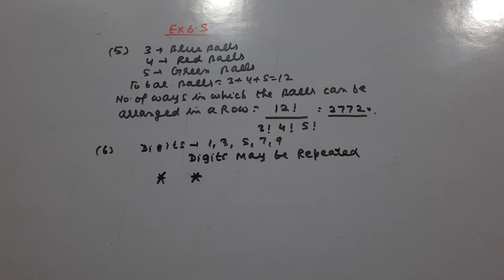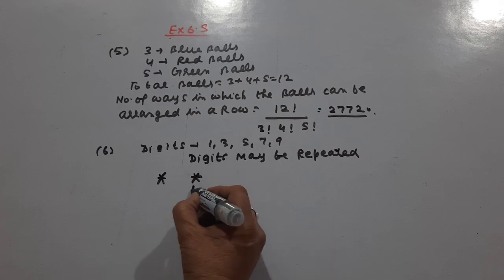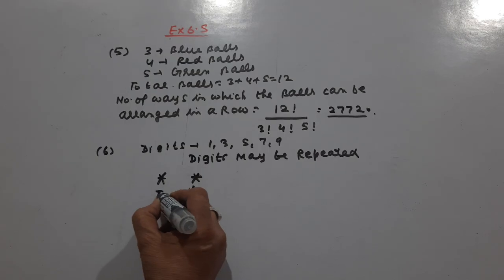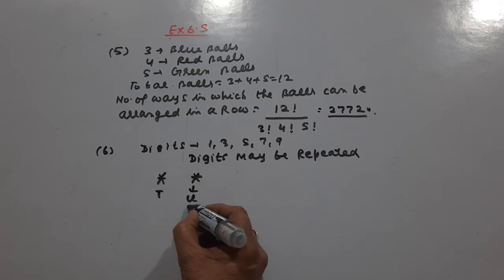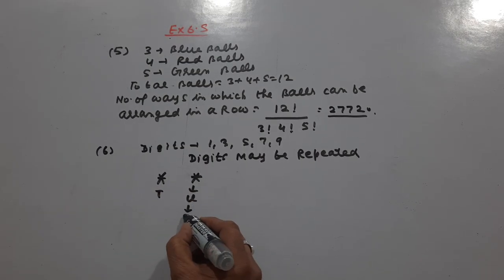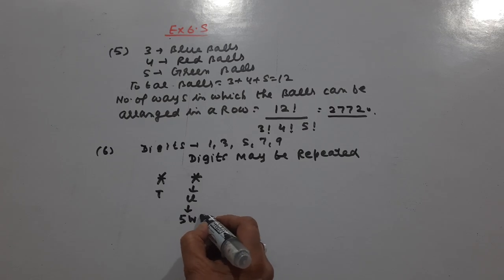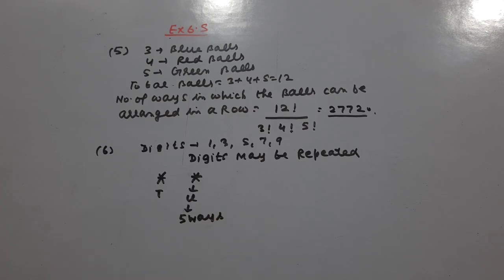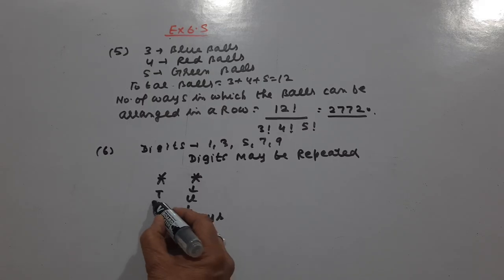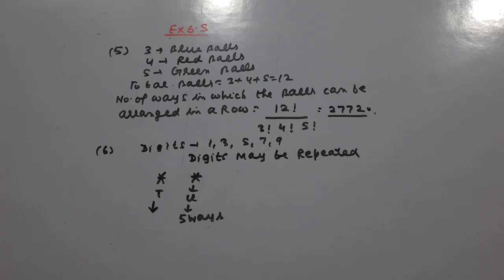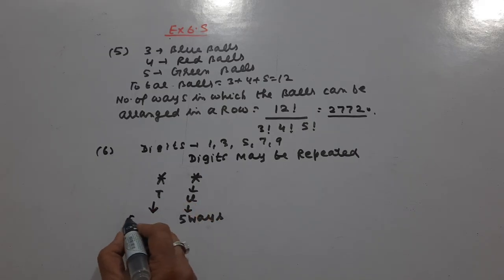So students, this is the unit place and this is the tenth place. So unit place can be filled up in 5 ways by any one of the digits 1, 3, 5, 7, 9, and tenth place digit can be filled up in 5 ways again because repetition is allowed.